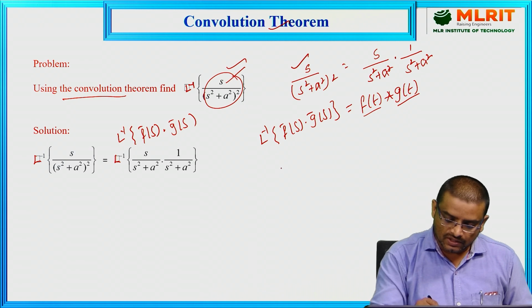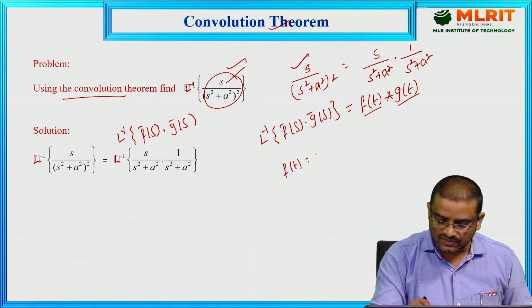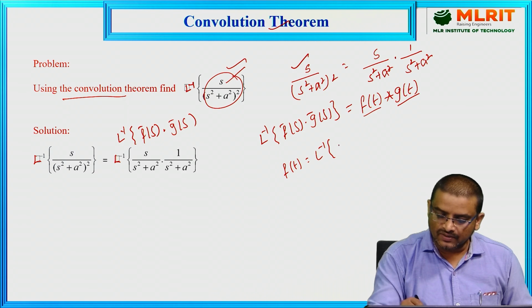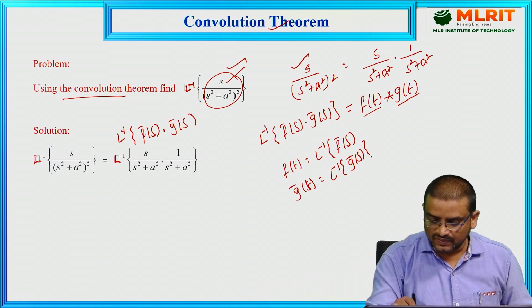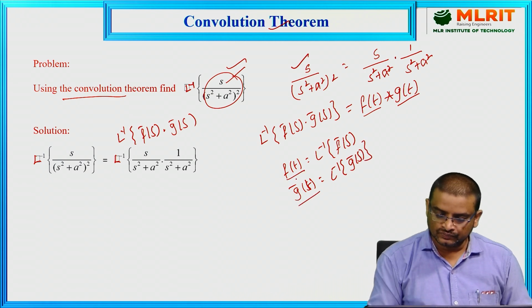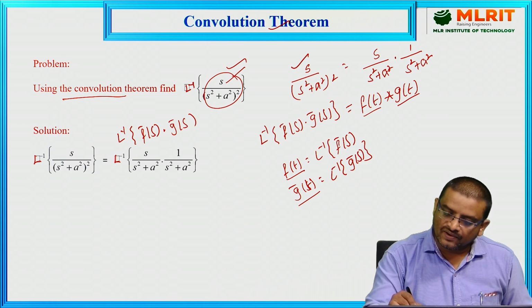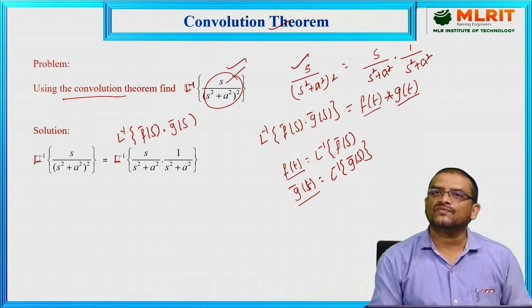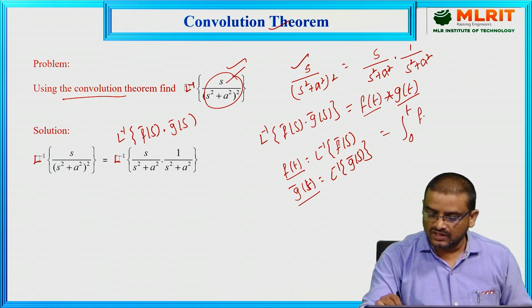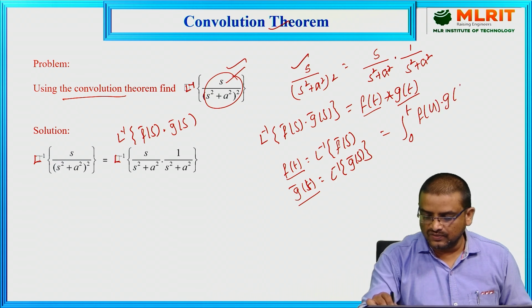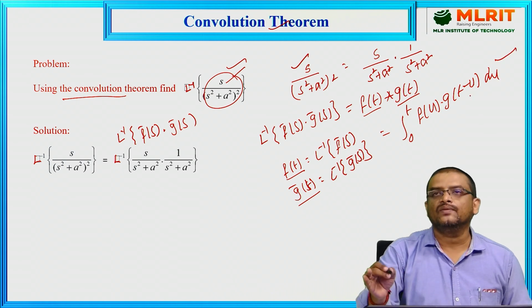We know that f of t is equal to L inverse of f bar of s, and if you apply the inverse Laplace transform for g bar of s, then we can get our g of t value. After finding f of t and g of t, we can go for the definition of the convolution product. This can be written as integral 0 to t f of u into g of t minus u du. If you evaluate this integral, then we can complete our problem here.